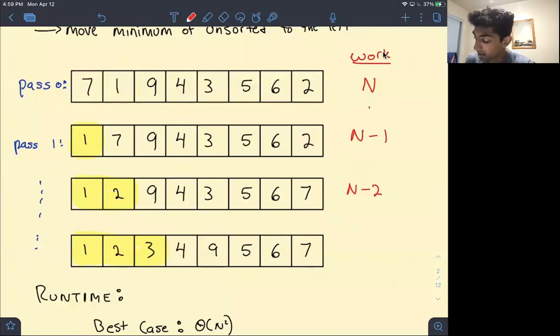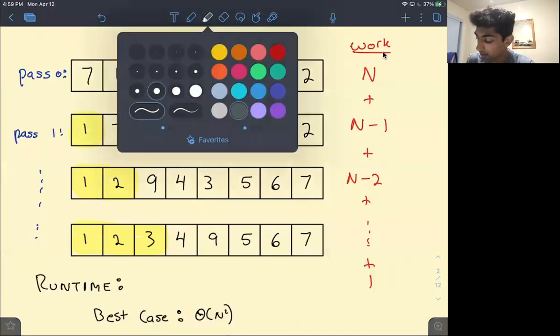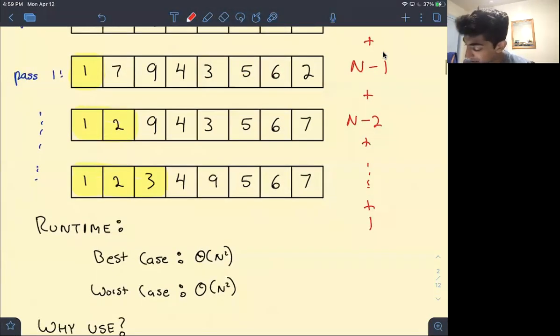Each time we're just going down by 1, so the total amount of work is the sum of this column right here. So if we look at the sum of this column, that was not as aesthetic as I anticipated. It's going to be 1 plus 2 plus 3 plus 4 plus up to n, right? And then we can see that that comes out to n squared if we recall the sum from earlier in asymptotics.